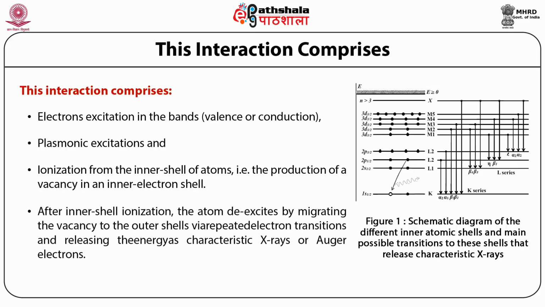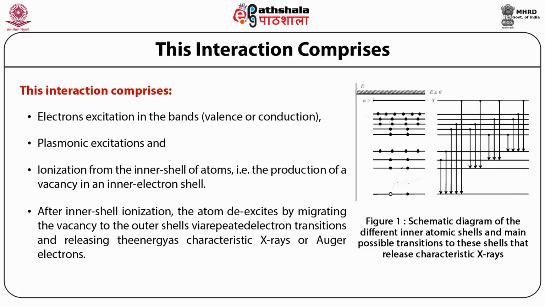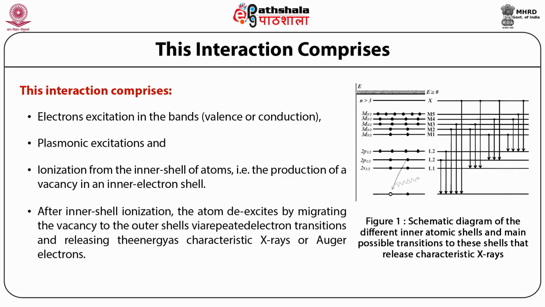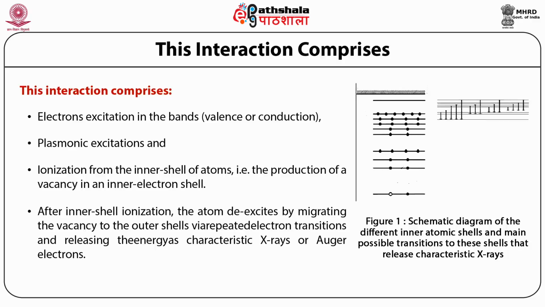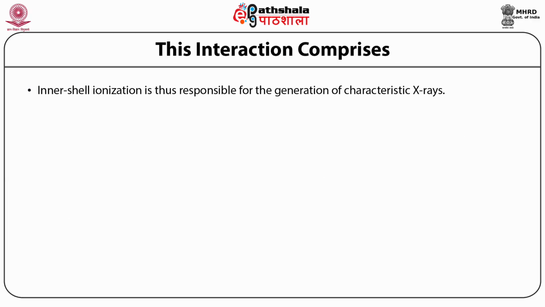After initial ionization, the atom de-excites by migrating the vacancy to the outer shells via repeated electron transitions and releasing the energy as characteristic X-rays or Auger electrons. Initial ionization is thus responsible for the generation of characteristic X-rays.